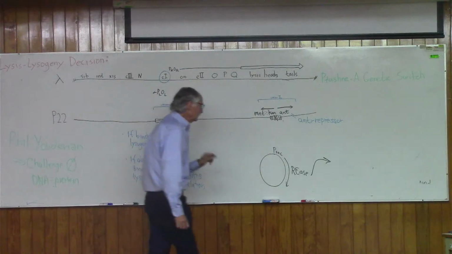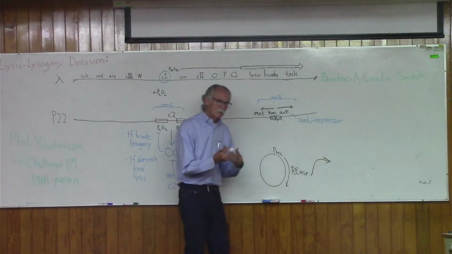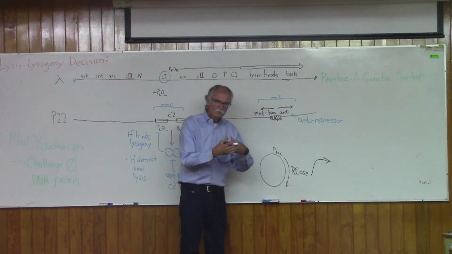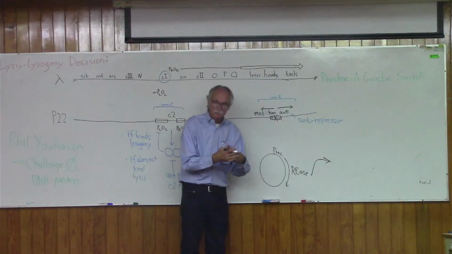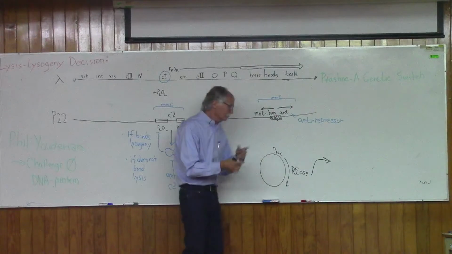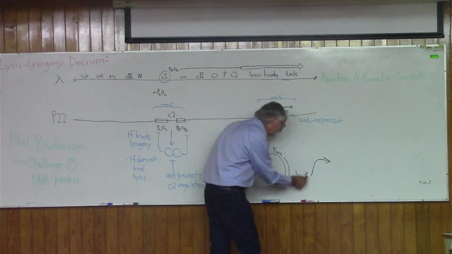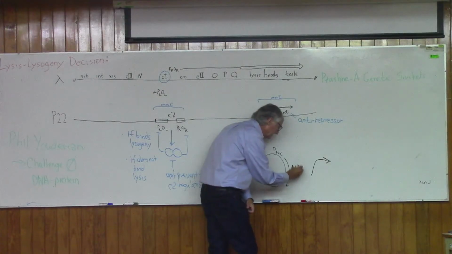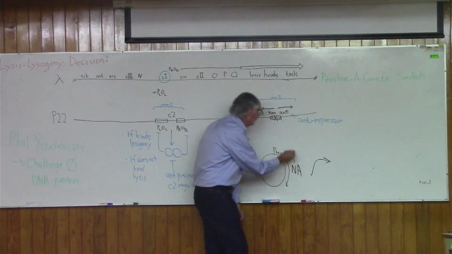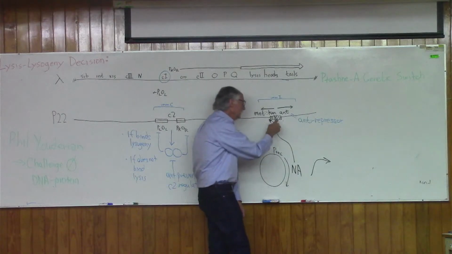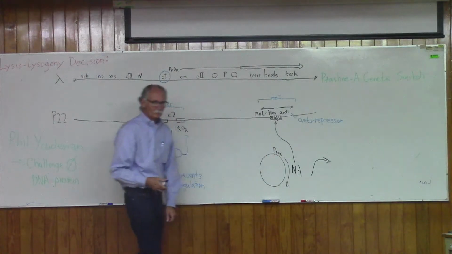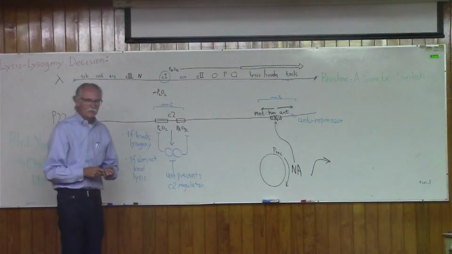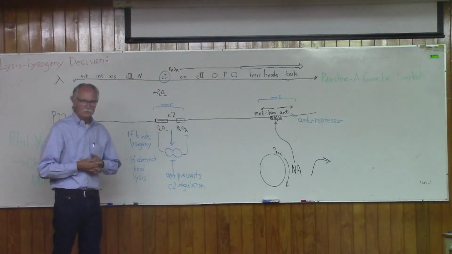The other thing that you can do sometimes, though, is not all regulation is by protein-protein interactions. Sometimes it's by protein-nucleic acid interactions. So instead of sticking a protein here, you can stick a different nucleic acid that you're expressing. And now this nucleic acid interacts with the site and can prevent it too.